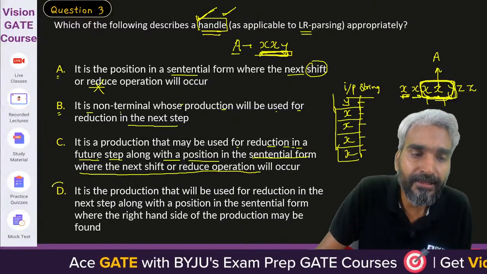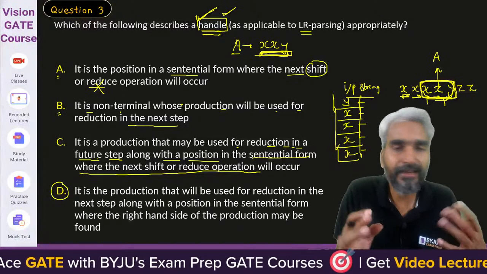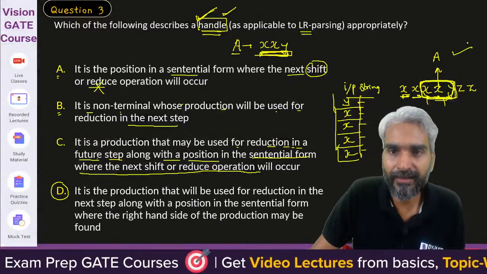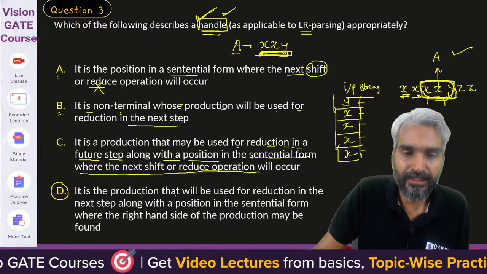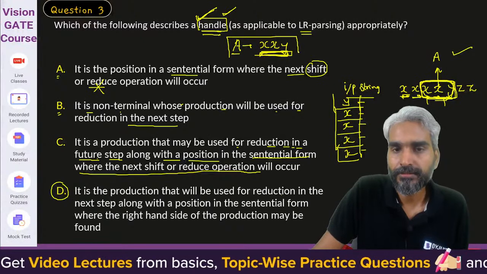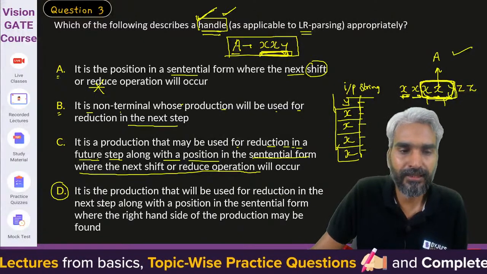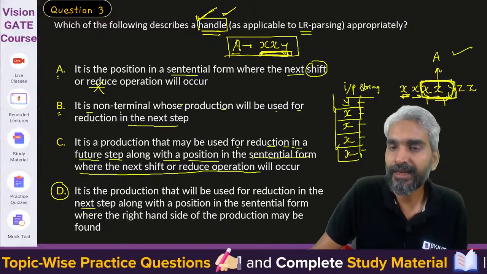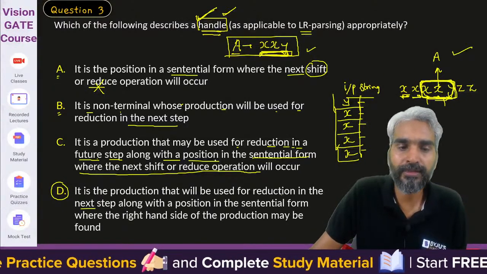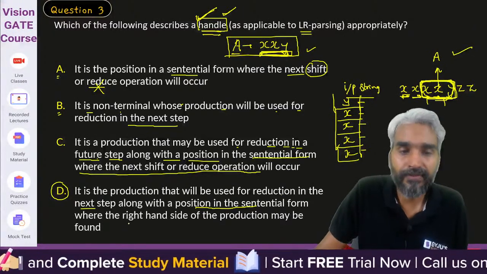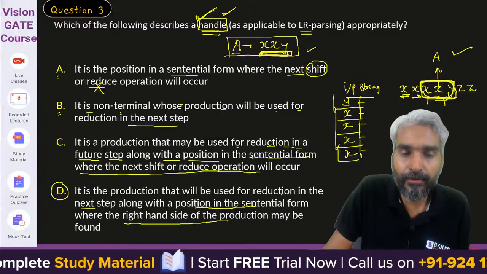Look at this option D. They are not giving the direct definition, but they are trying to say the exact same thing which we are defining. It is the production that will be used for reduction. This is a production which will be used for reduction in the next step. In the next step itself, if you have obtained this handle, then you will perform the reduction along with the position in the sentential form where right hand side of the production may be formed.